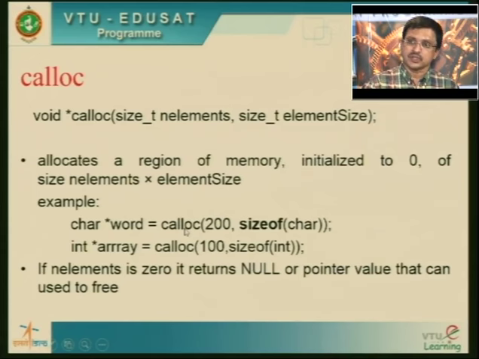Similarly, this will return a block of 100 integers, that means 400 bytes, and all the bytes will be initialized to 0. It is just a variant of malloc. If the number of elements is 0, it returns null, or a pointer value that can be used to free.